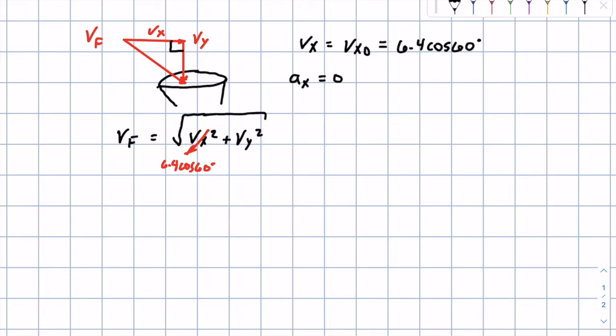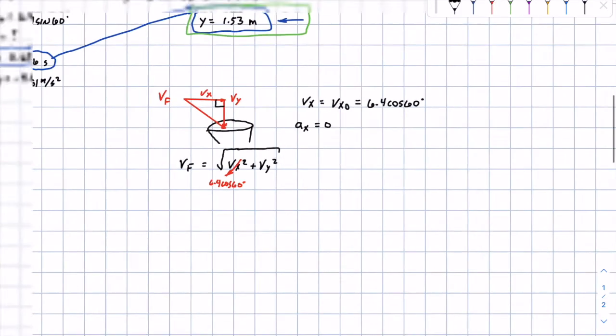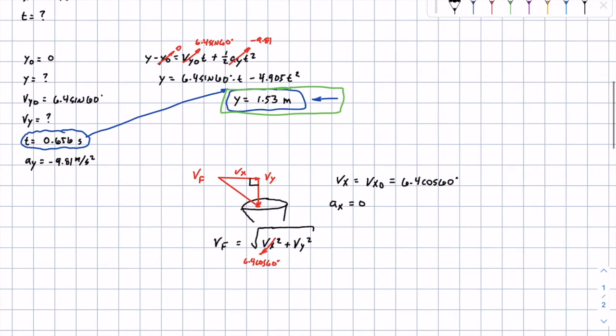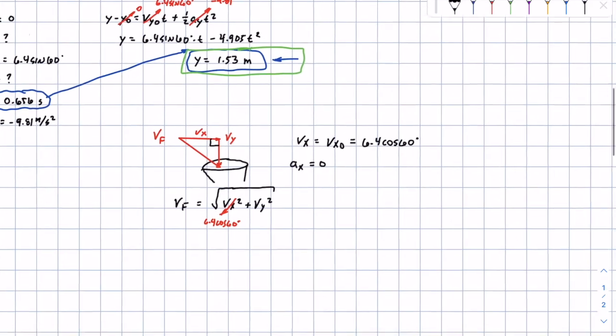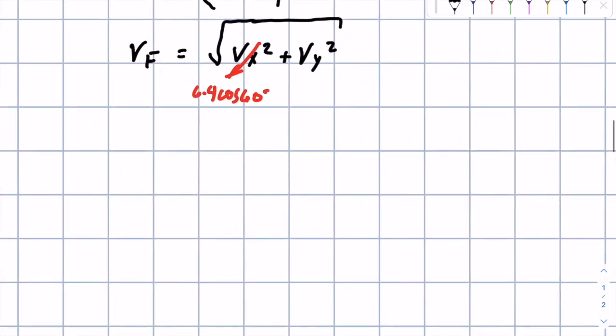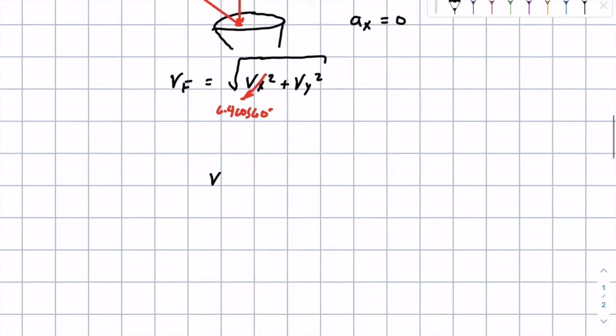And then let's go ahead and solve for Vy, because we only did the long equation in the y direction. So let's do the short equation now to find the impact velocity. We've got Vy minus Vy naught is equal to ay times time, which is equal to negative 9.81 t.